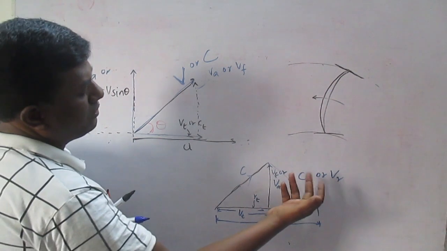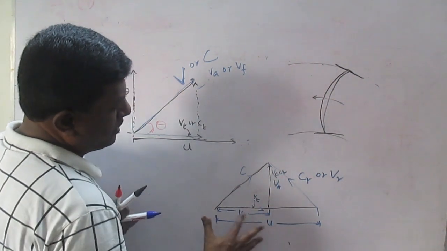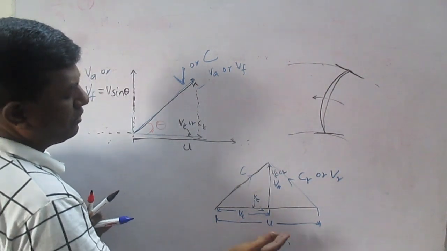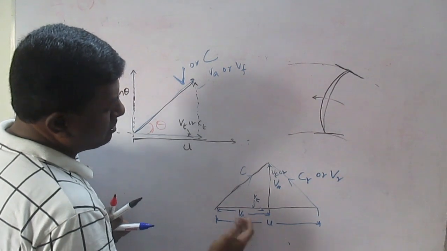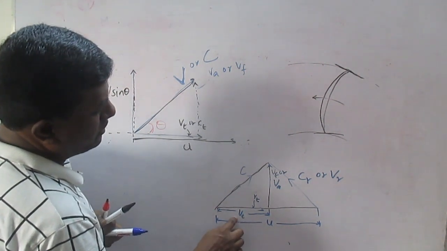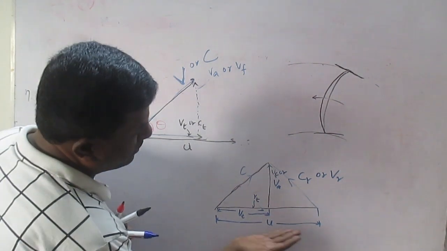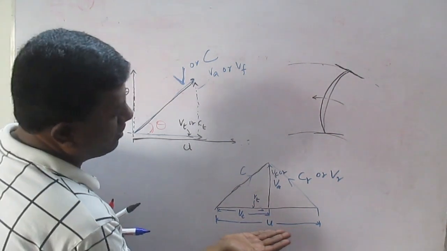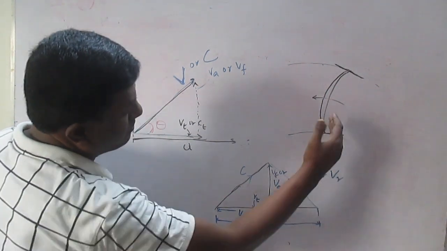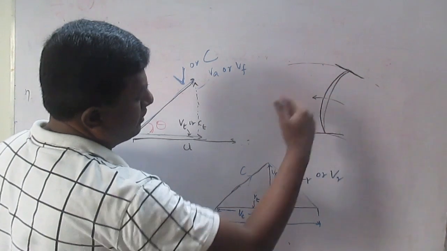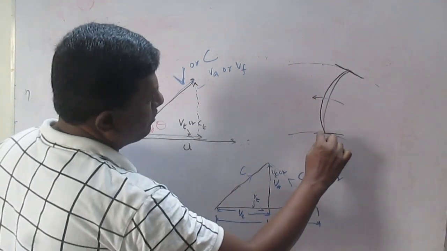These two horizontal components will be there, depending on the condition, because the blade velocity or vane velocity will be there, and this velocity is also tangential to the flow, that means to the blade.